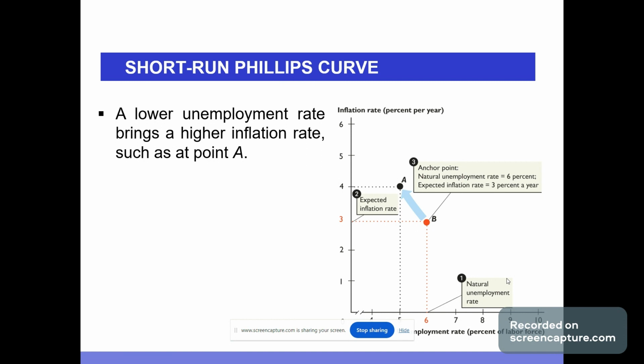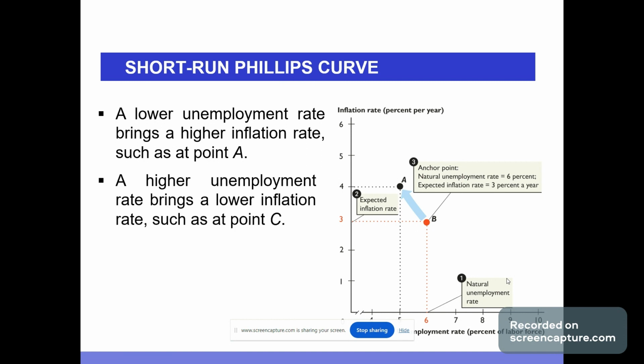Vice versa, what will happen if the unemployment rate increases? It means another 1% of the labor force lost their jobs, and because they lost their jobs, they do not have the money to buy goods and services.